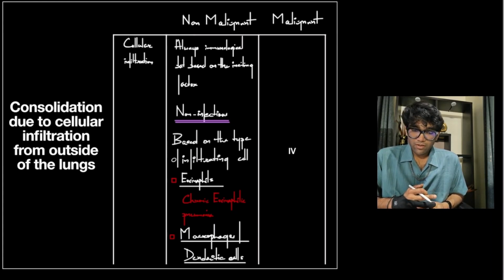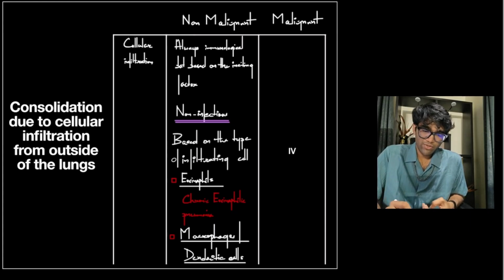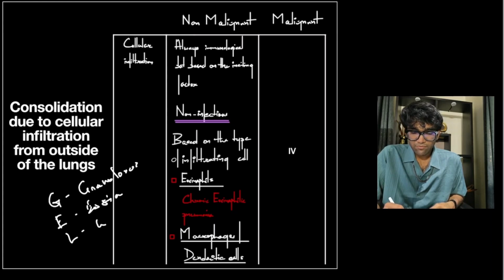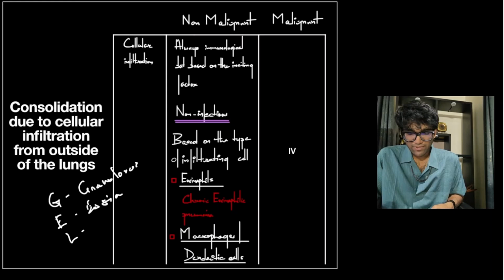In the case of non-infectious infiltration, I like to divide the causes based on the type of cell that is infiltrating. I'll use a mnemonic called GEL. G is granulomatous, or your macrophages slash dendritic cells. E is eosinophilic infiltration, and L is lymphocytic infiltration. It's quite self-explanatory.